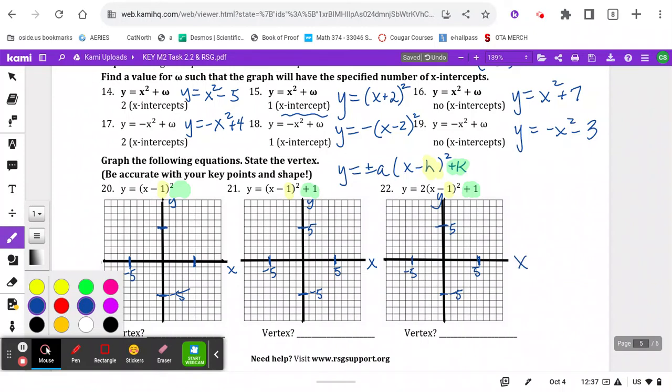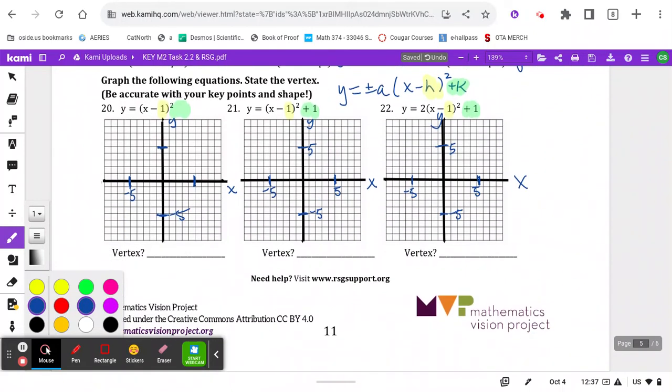Okay, so the vertex of the first one is that yellow and green highlight. Remember that our vertex is the opposite sign from the equation. So when it says x minus 1, my vertex is at positive 1. And when there's nothing at the back here, it means my vertex is going to be at 1, 0. So this is telling me to shift right 1, putting a dot at 1, 0.